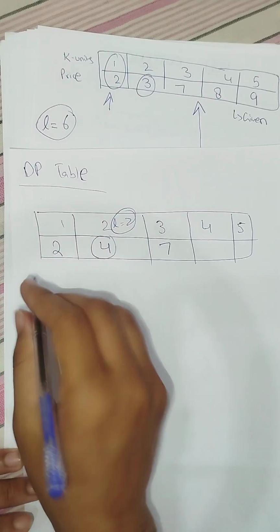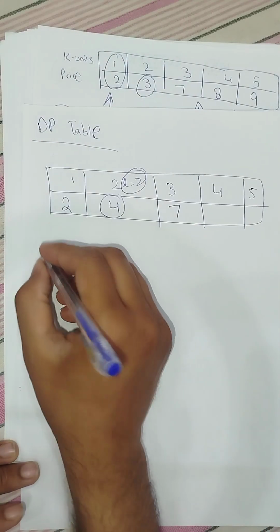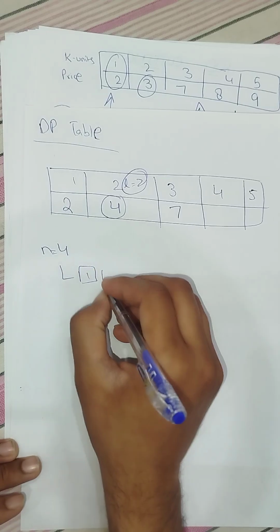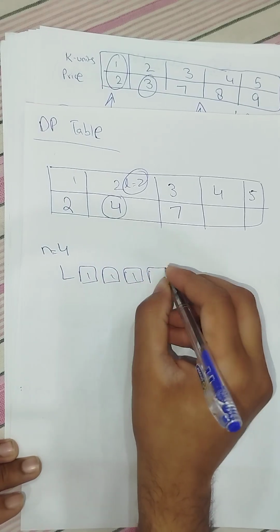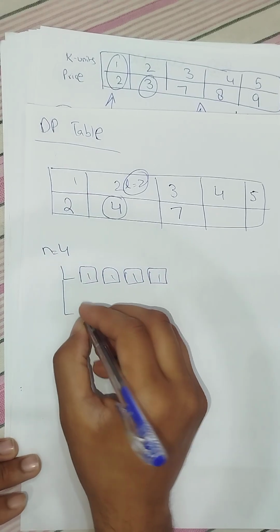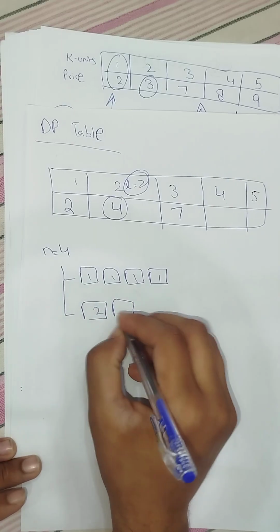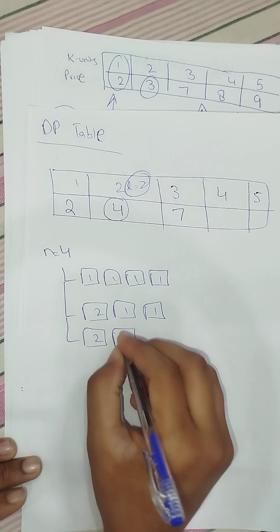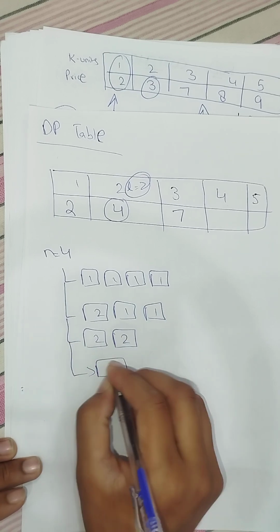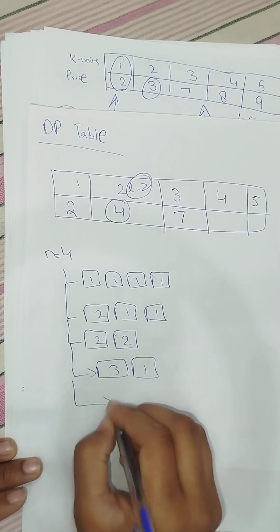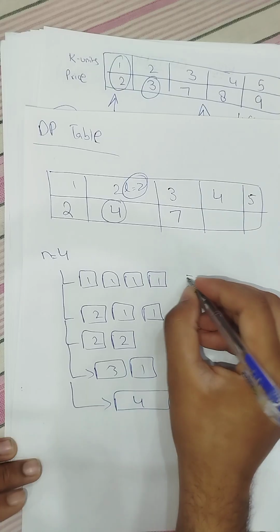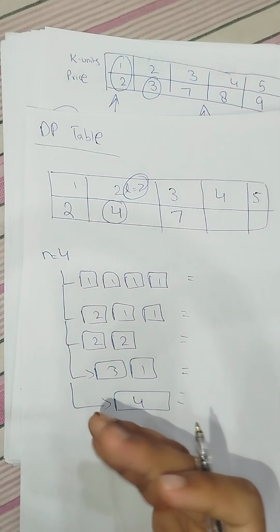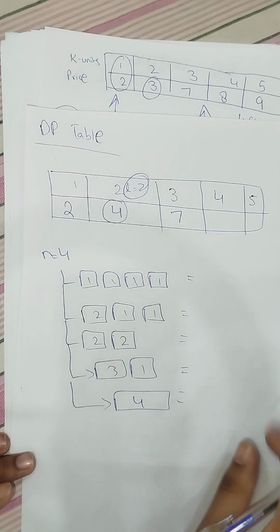Okay, and I'm using the same paper now. For n is equal to 4, we can have 1 1 1 1, 2 1 1, 2 2, 3 1 and the entire 4. So these are all the possible ways we can cut the rod of length 4 to attain the maximum profit.